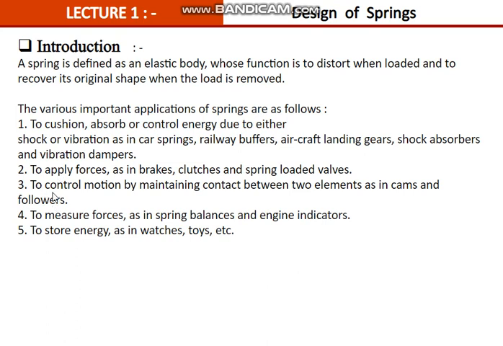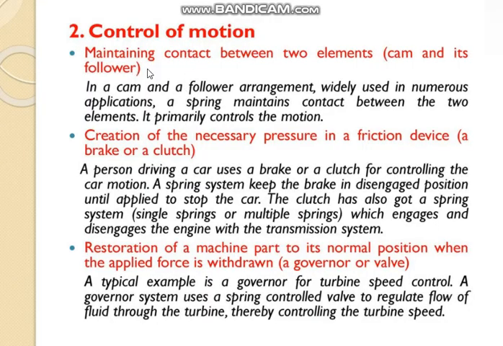Then we have to control motion by maintaining contact between two elements, as in cams and followers. You must have studied about cams and followers in the theory of machines. These cams and followers cannot function without a spring. In numerous types of applications springs are used.